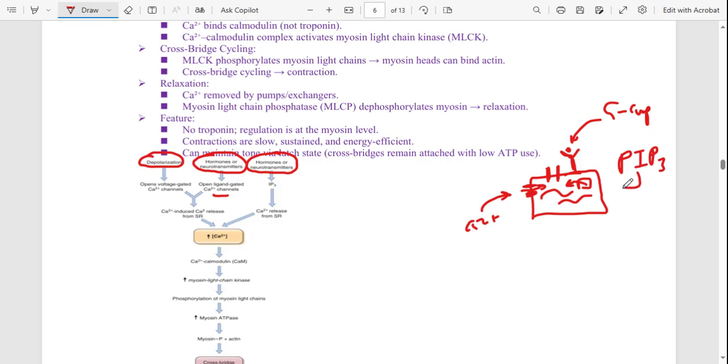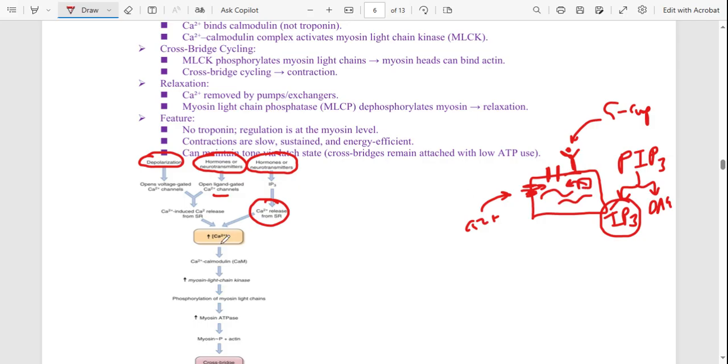When PIP3 is broken down, there is production of what we call IP3, and also DAG, diacylglycerol. IP3, inositol triphosphate, increases, and because it's acting inside the cell, it causes the calcium to be released from the sarcoplasmic reticulum, and that still increases the calcium.